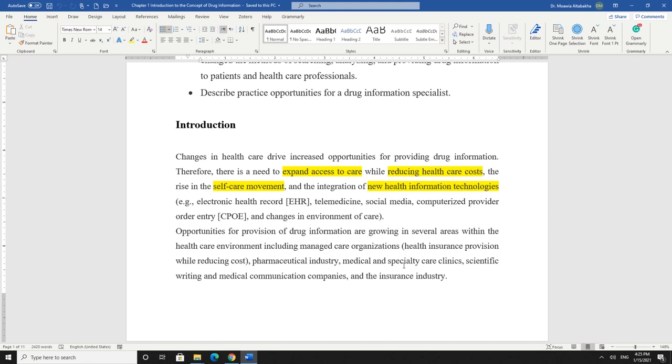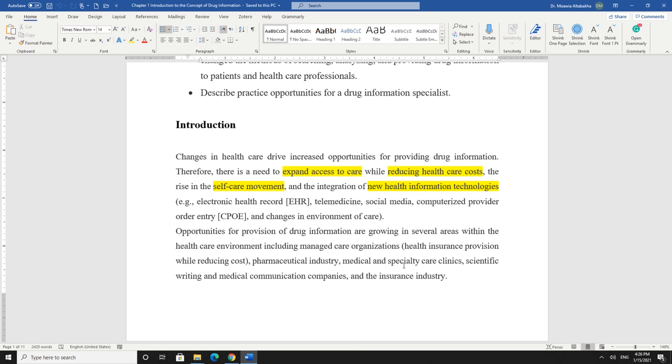Also, I want you to be aware of what we call computerized provider order entry, or sometimes they call it computerized physician order entry, or prescriber order entry. And this is a system which is available in hospitals, and in this system you will see that the EHR, our electronic health record of the patient, is integrated in this system, along with what we call CDSS, Clinical Decision Support System.